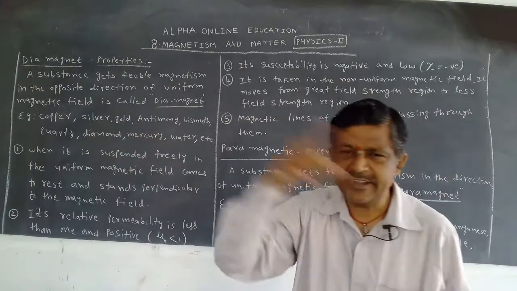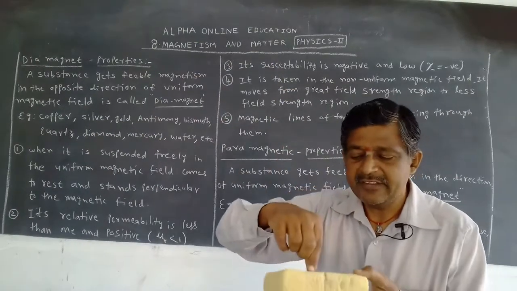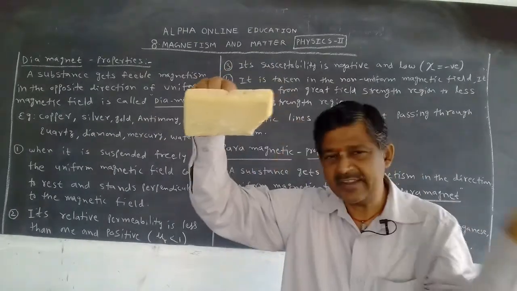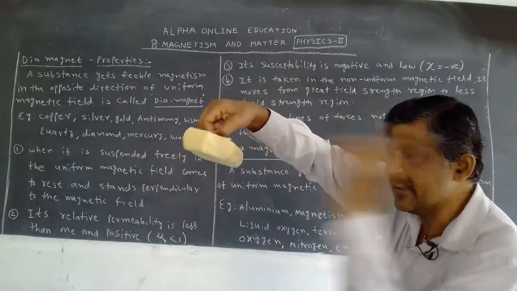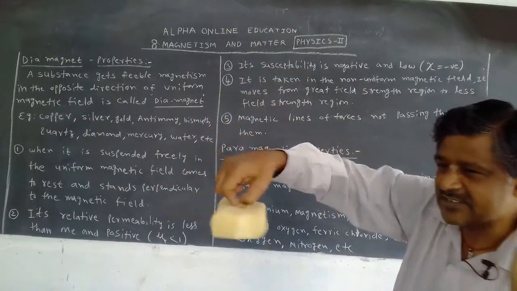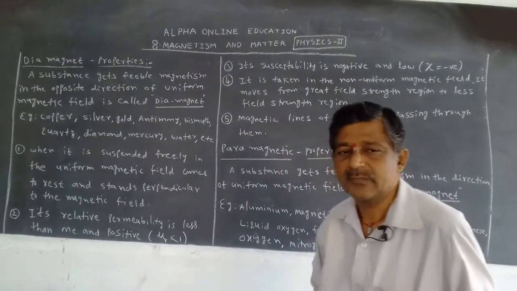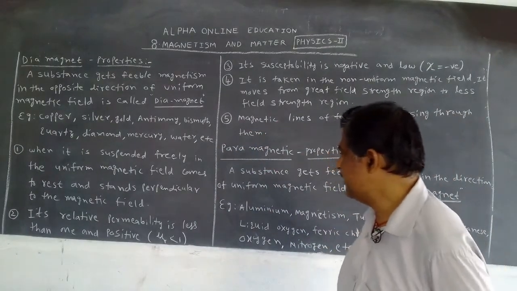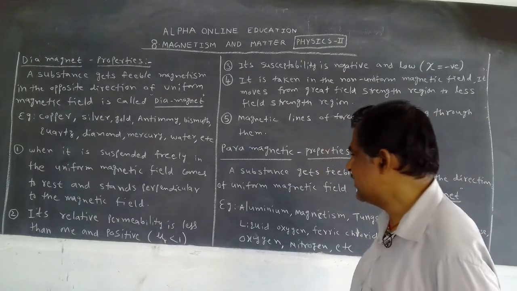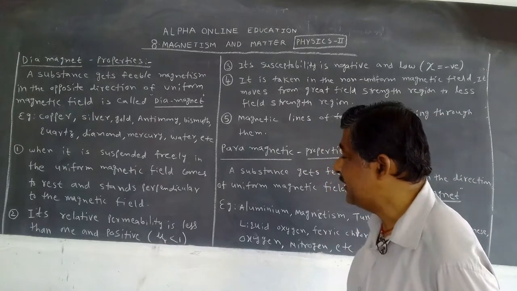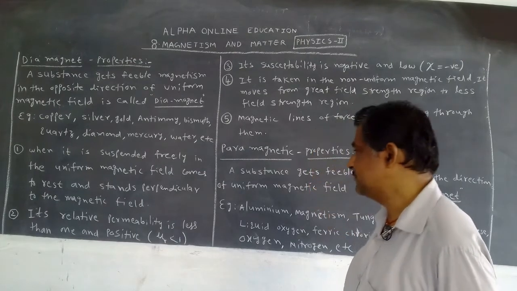If the magnetic field is in this direction, when it is suspended freely it stands like this. It is a magnetic field, but the magnet stands in the perpendicular direction.